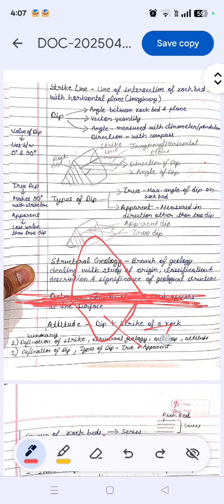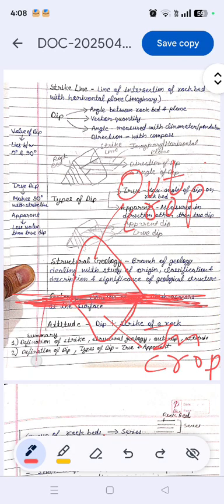So this will be called an incrop as it is inside the ground surface, and this will be called outcrop because this is outside the earth's surface. This is the surface, this will be the outcrop and this will be the incrop.